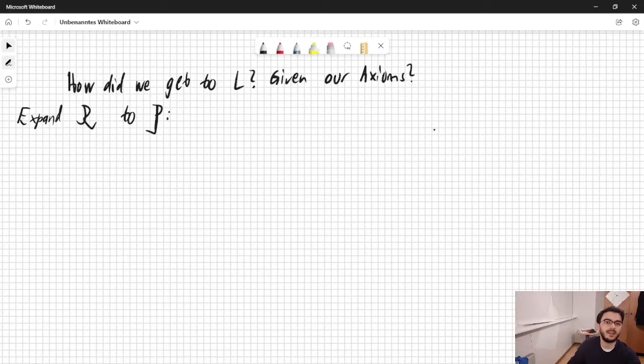We're going to expand R to P. P we're going to define as the space of random rewards. Why do we care about random rewards? This can happen pretty easily. Actually, most rewards are random. For example, instead of getting your money in cash, which is also kind of random because the value of money changes, you could get an asset in the stock market.